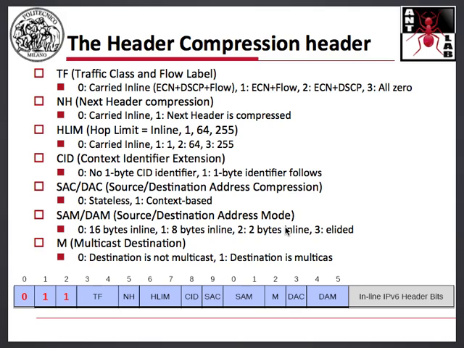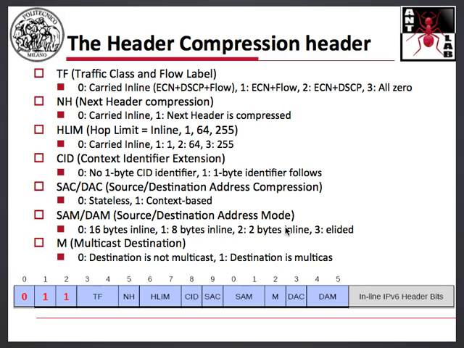So you have one field in the header compression header for all the fields in the original IPv6 header. And the value of this field is telling you how the corresponding field in the original IPv6 packet is compressed. Okay, so let's see some examples.